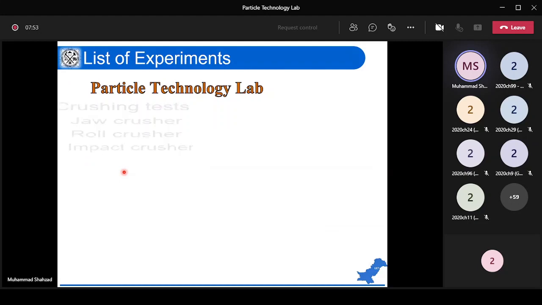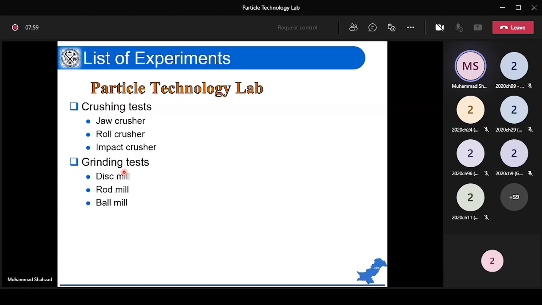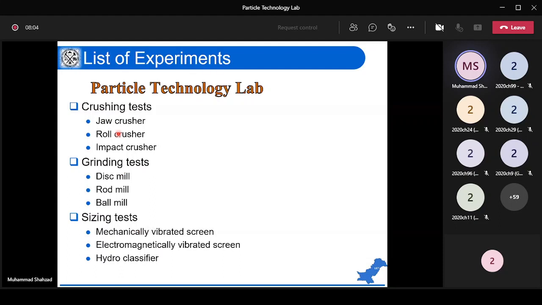We will perform three crushing tests on three different machines, and then we will perform grinding tests and then sizing tests. There will be nine experiments: three related to crushing, three related to grinding, and three related to sizing. The list is given here.